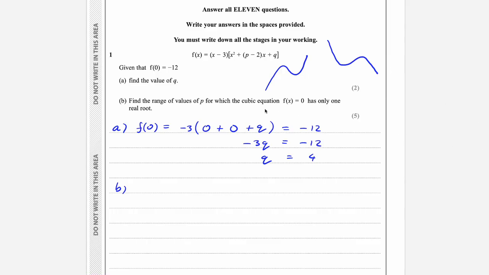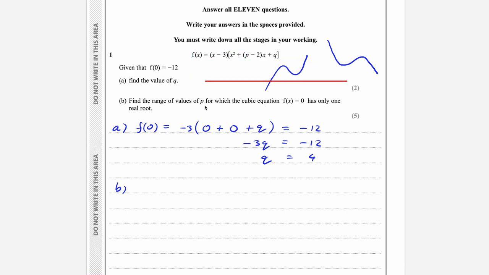But how many roots it has depends on where the x-axis is. If the x-axis is like there, it will have 3 roots. If the x-axis is here, it will have 1 root. And if the x-axis is here, it will only have 1 root.